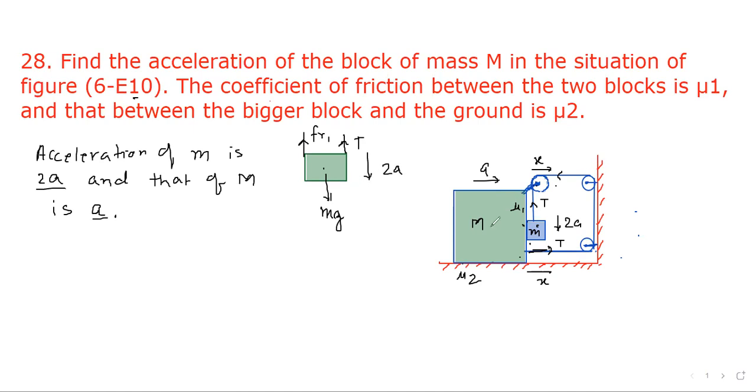And now, since this mass capital M moves in rightward direction, there will be a pseudo force on this smaller block in this direction. So it will be MA, and this will behave like a normal reaction for this block. So from where we can get the value of friction. Suppose friction number 1, we write here. So it will be equal to mu1 times MA.